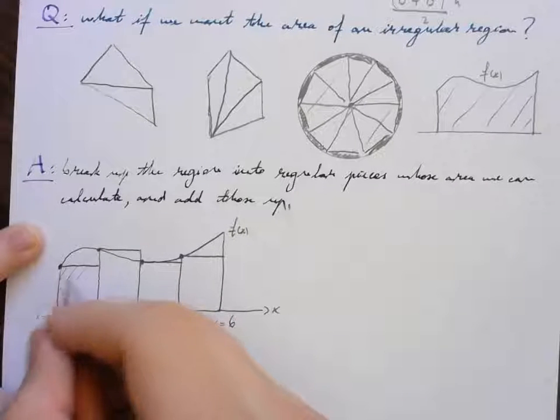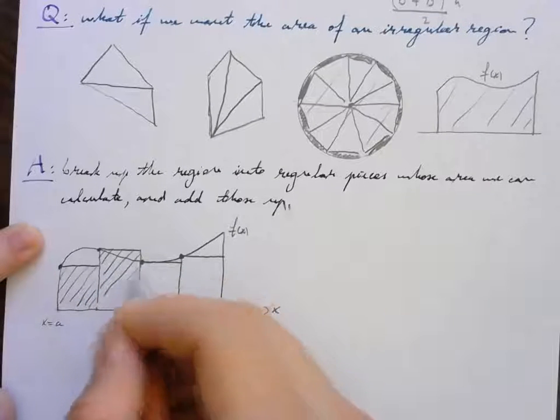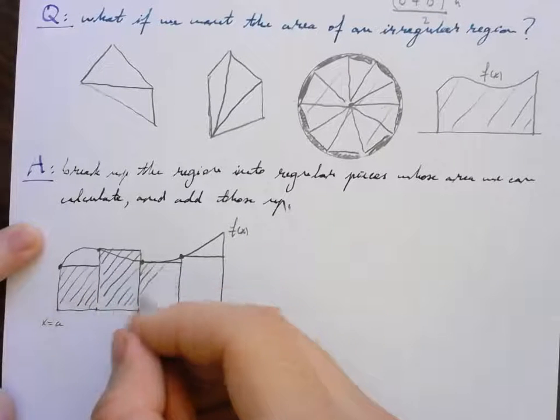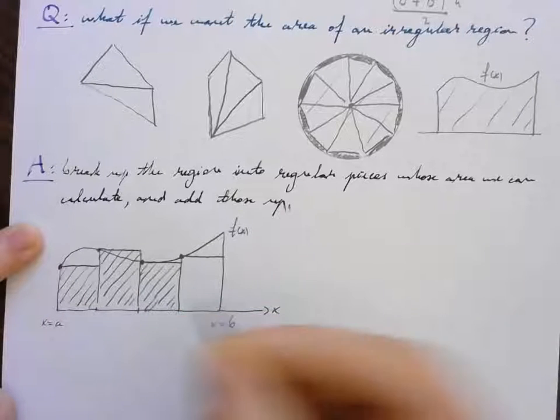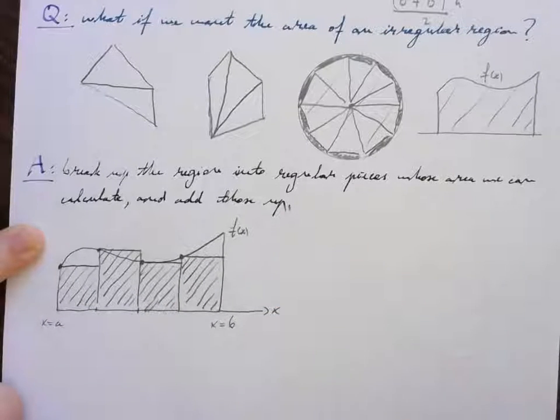And then I can add the area of those rectangles together, and I get an approximation. Of course, it's not going to be exact for the area under my function.